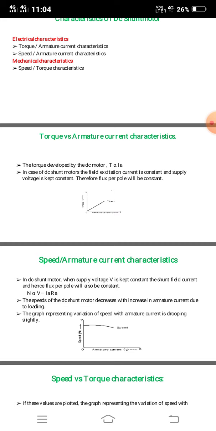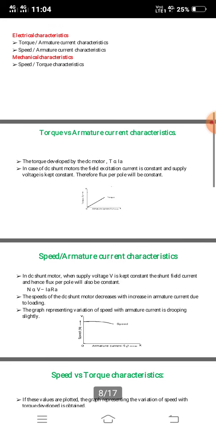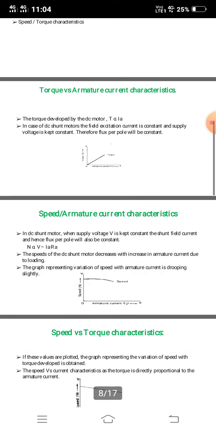As armature current reaches the motor, the torque develops depending upon the armature current. In a DC shunt motor, the field excitation current is constant and the supply voltage is kept constant, therefore the flux per pole will be constant. This is the torque versus armature current characteristic. Here, torque is always proportional to the armature current.